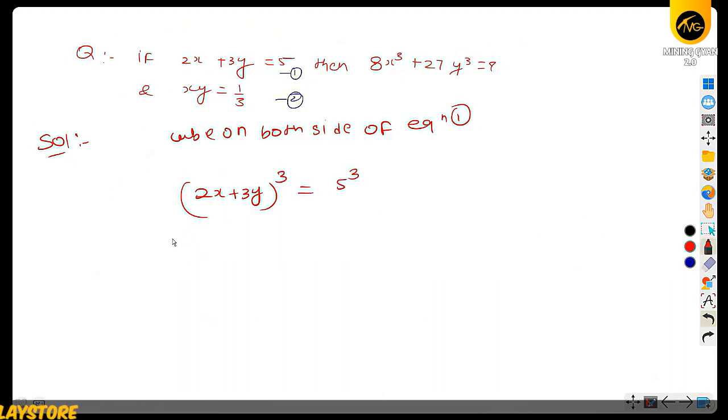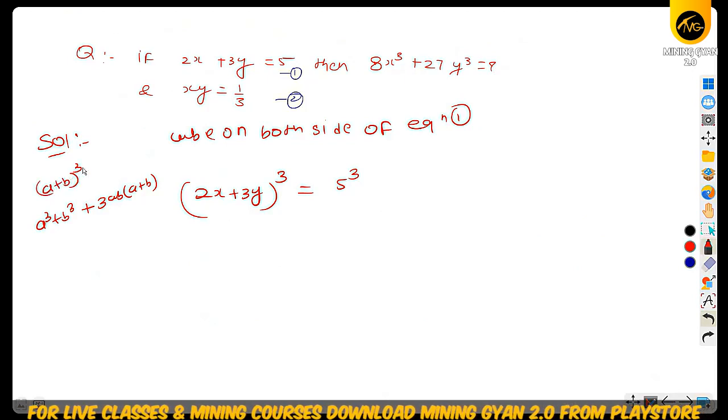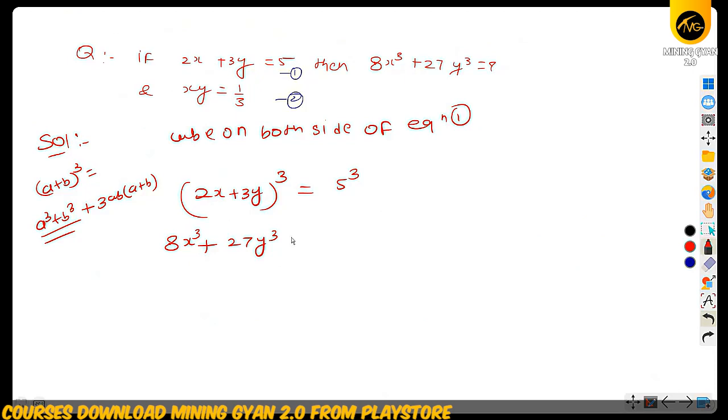So what is a plus b whole cube? a cube plus b cube plus 3ab into a plus b. This is the value of a plus b whole cube, right? So just use this formula in this case. Now 2x cube, that means 8x cube, right? Now 3y cube, that means 27y cube.